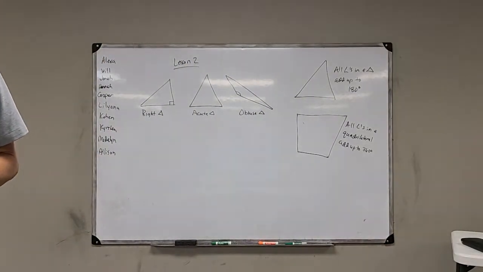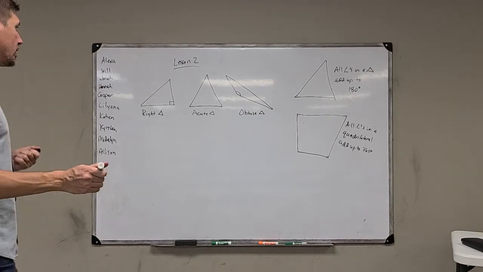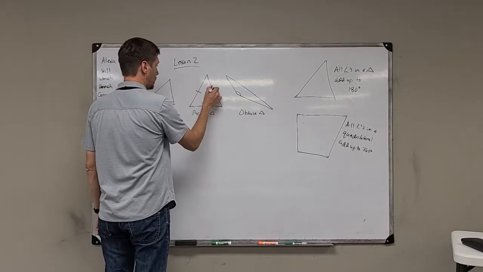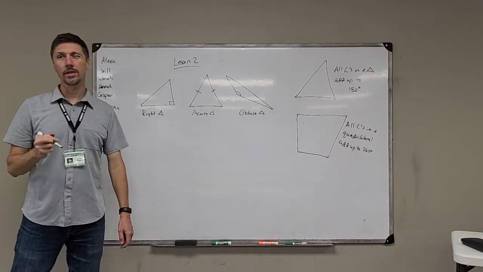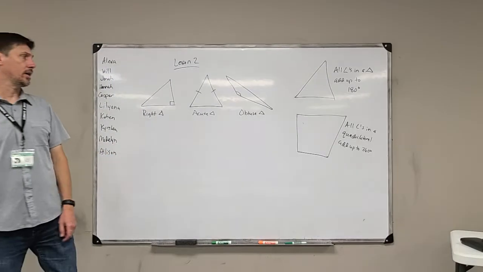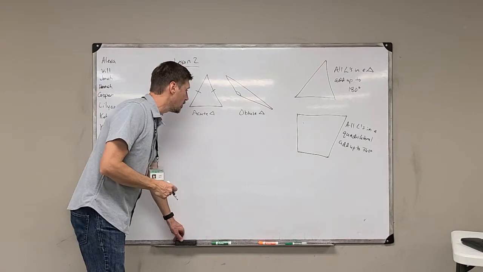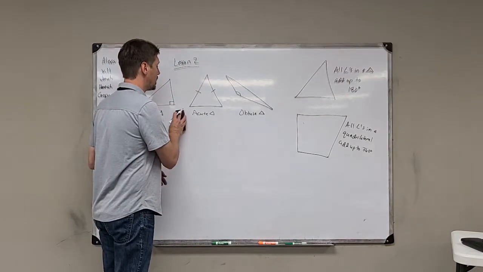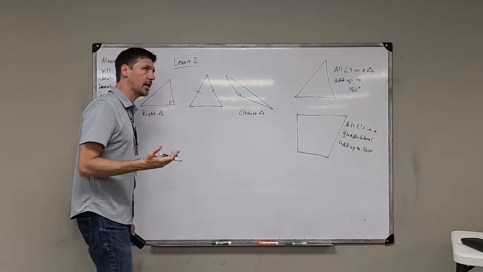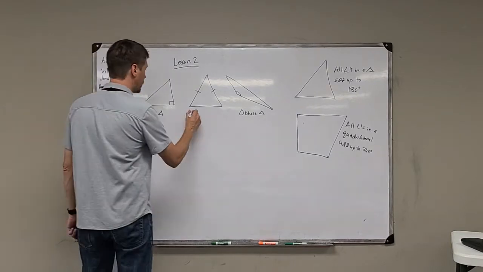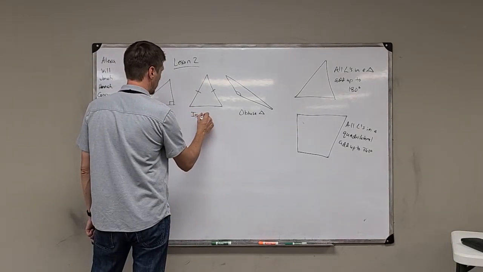An isosceles triangle only has two sides that are the same. If I were to draw this triangle and asked you to give me all the classifying names for it, you would have to say this is an isosceles acute triangle.